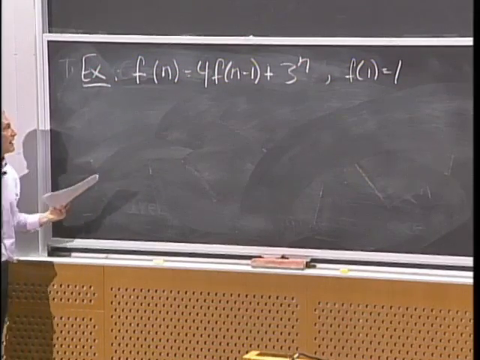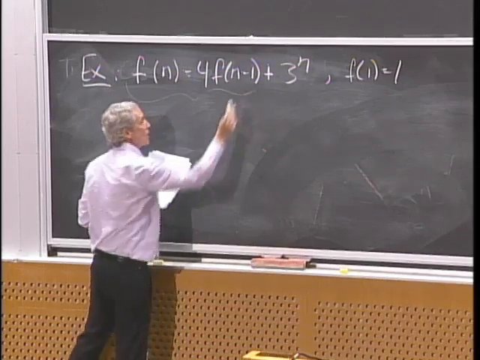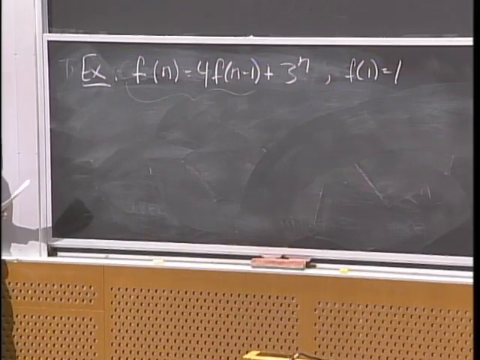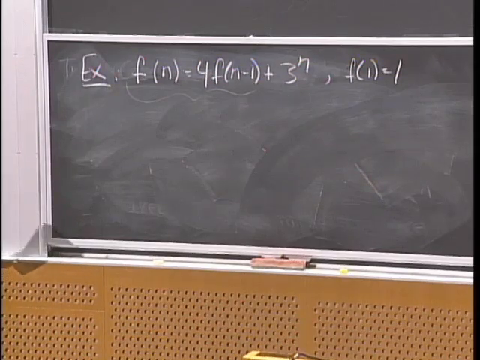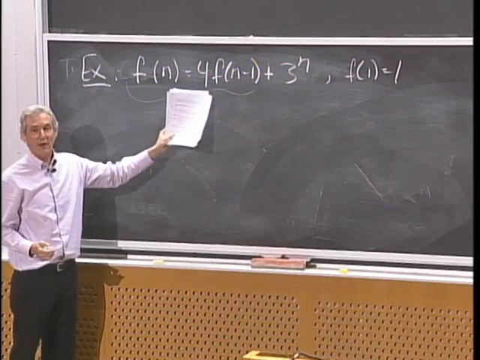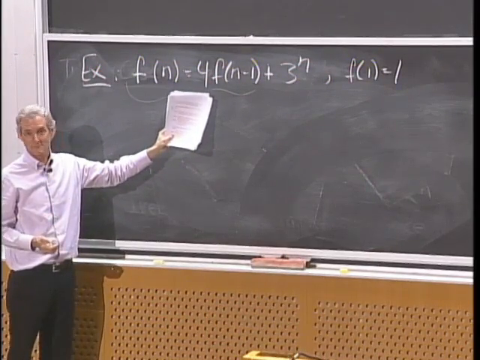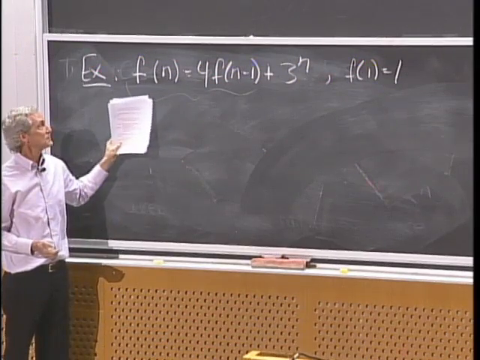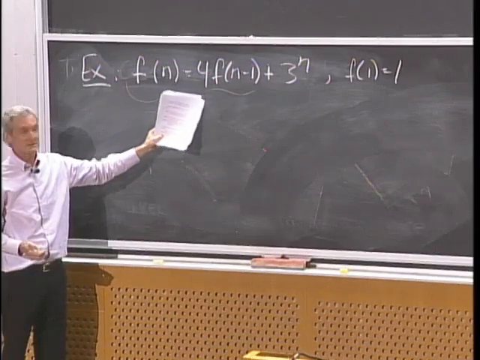So let's solve that. What's the characteristic equation for the homogeneous part? What's the characteristic equation? What is it? Close. You could either say alpha to the n minus 4 alpha to the n minus 1, but better to simplify it into an order 1 polynomial. So it would be alpha minus 4. Really simple in this case.